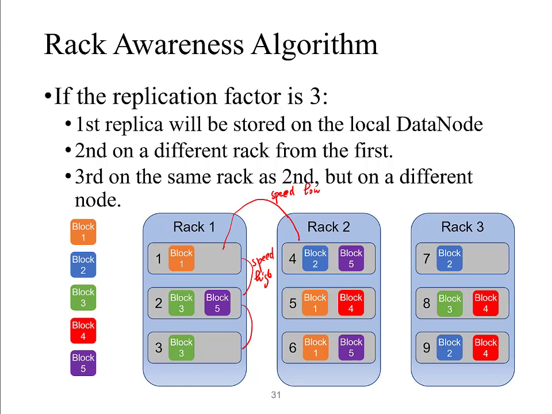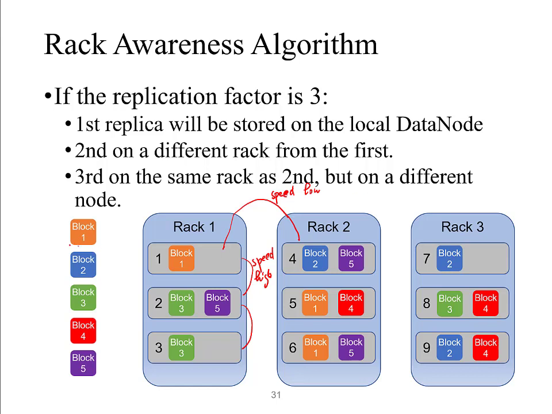We will introduce distance later, but it is based on the distance between the data node and the client. The second one would be on a different rack from the first, and the third one would be on the same rack as the second, but on a different node.